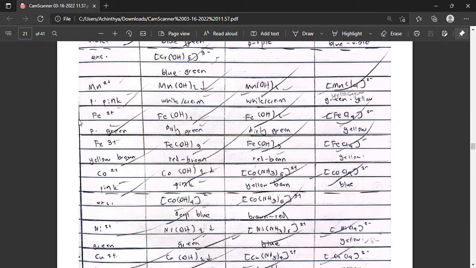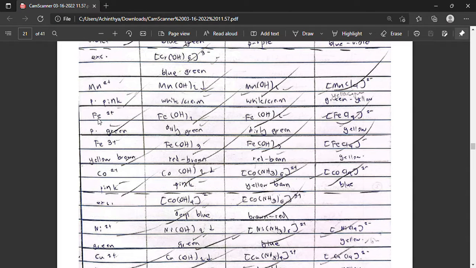Now we have iron. We have the ferrous iron and we have the ferric iron. Each of these can be oxidized and reduced into each other when oxidizing and reducing agents are added appropriately.